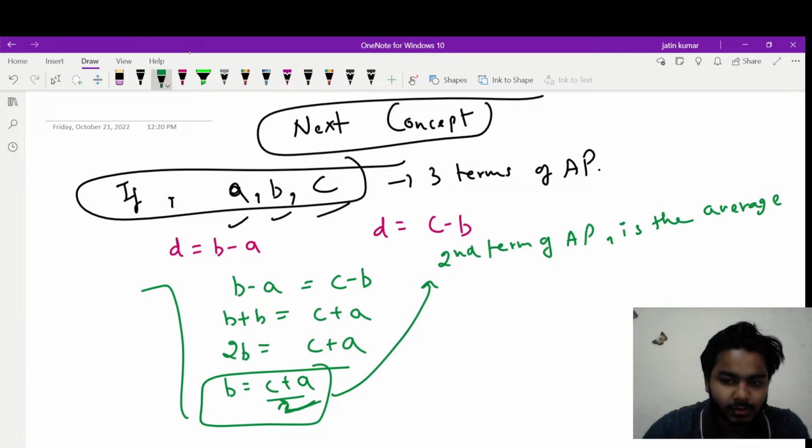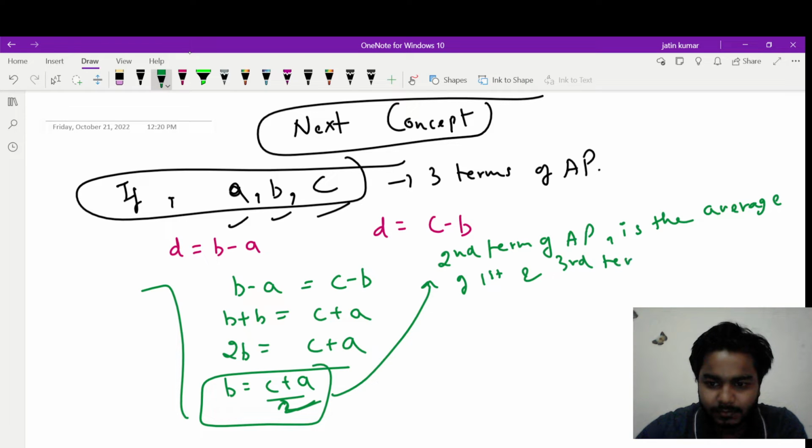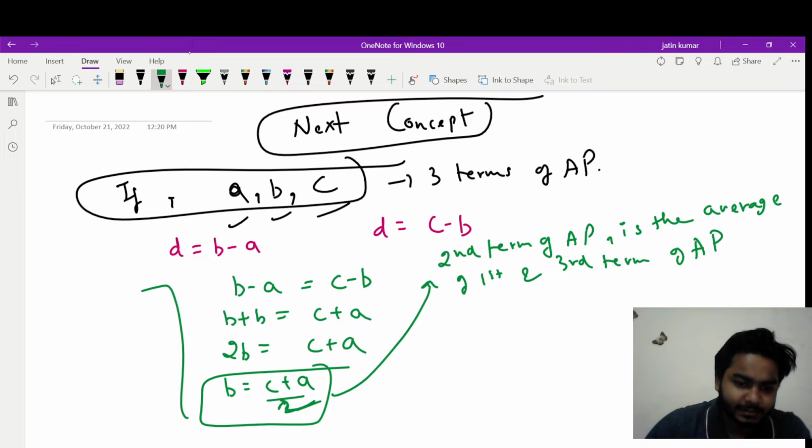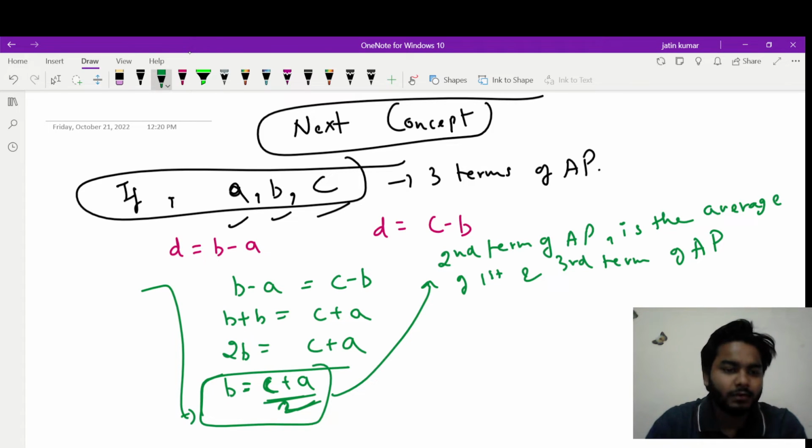So the average of the first and the third term of AP, C plus A upon 2, is the second term of AP.